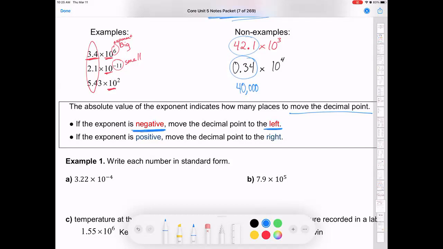This is going to make things smaller. Anytime you have a negative exponent, imagine Ant-Man getting really, really small, quantum realm style. If it is positive, then that is moving the decimal to the right. It's getting really, really big.